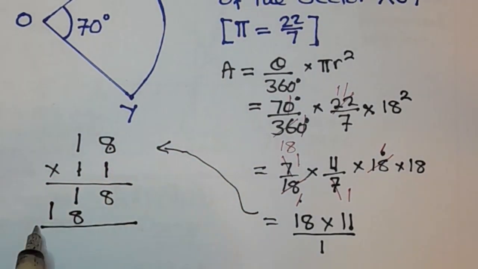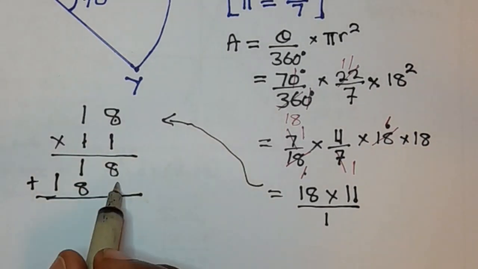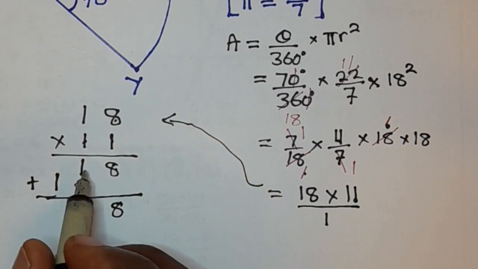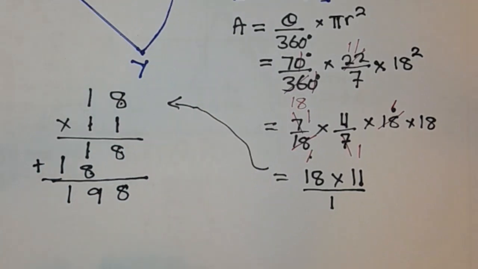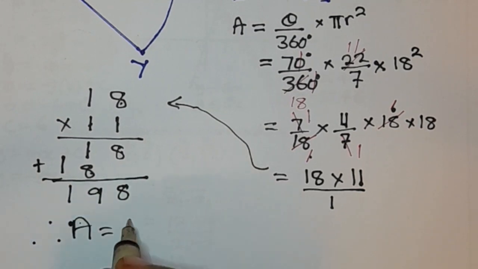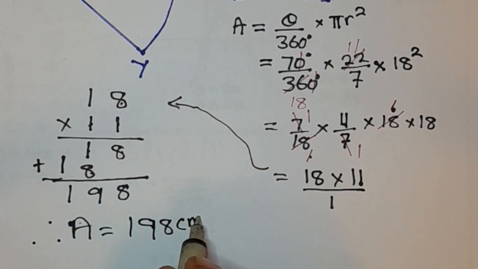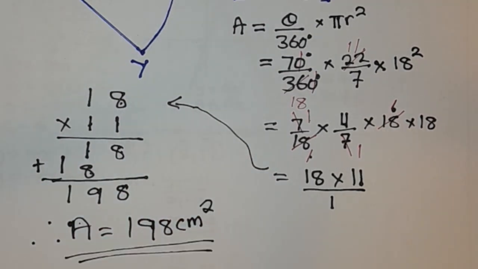Okay, then at this stage you are adding. 8 plus, here is same as 0, 8 plus 0 is just 8, 1 plus 8 is 9, then this is 1. So you conclude and say, therefore, area is equal to 198 square centimeters.